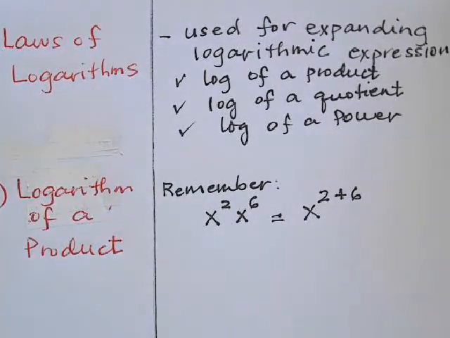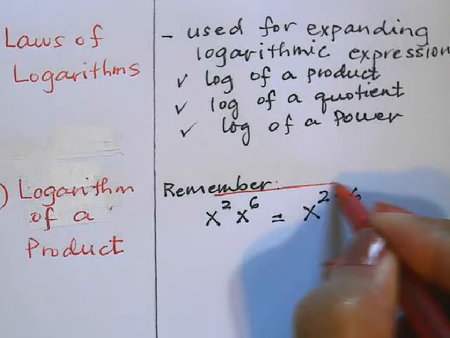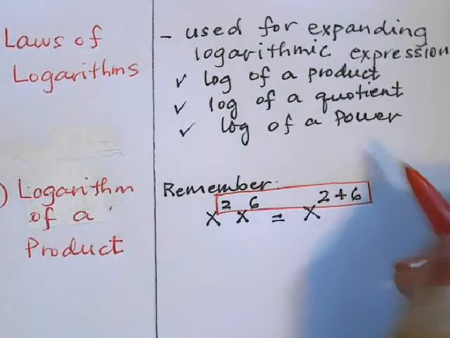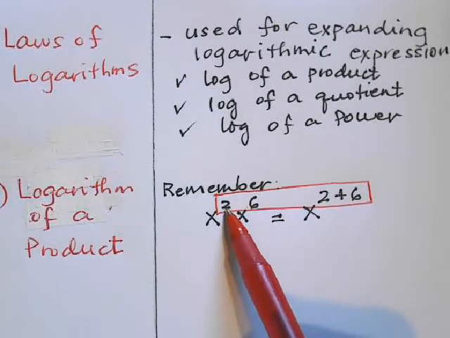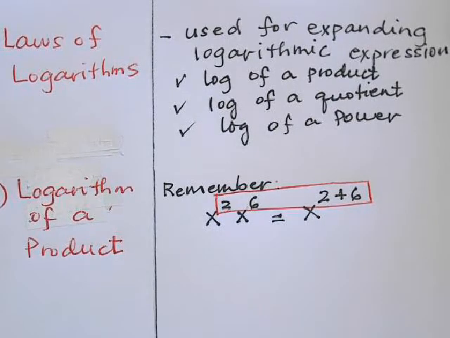This is the world that we have entered into, the world of logarithms. So if you are multiplying exponents or logarithms, then you have to add them. That's how the law goes.